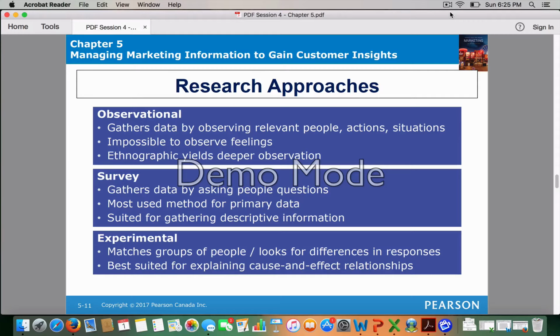Now, ethnographic research is a specific type of observational research where the researcher actually embeds themselves into a situation over a very much longer period of time to get a deeper sense of what's going on. So if you remember Jane Goodall, she's the famous researcher who spent years and years living with gorillas in the jungles of Africa.